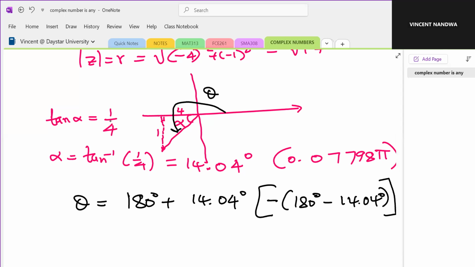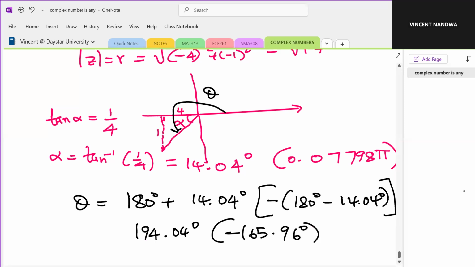So here we have 180 plus 14.04, which is 194.04 degrees. Or if you go in the reverse direction, it will be 180 minus 14.04, with a minus, so it'll be negative 165.96 degrees.